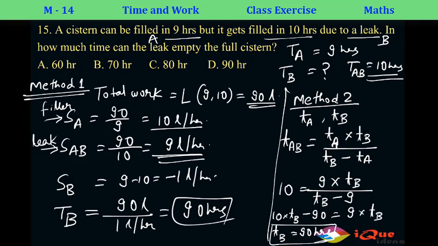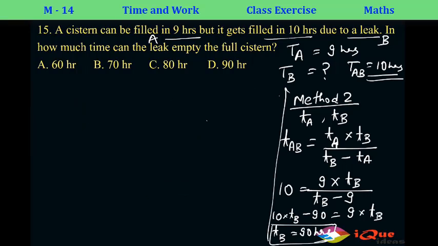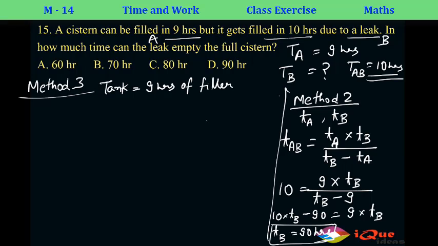What I'll do is create some space by deleting this, and then we'll do the third method here. Look at this very carefully. Method 3 is perhaps the strongest and the simplest method also. It says the tank capacity is equal to 9 hours of work of the filler, and it is equal to X hours of leakage.